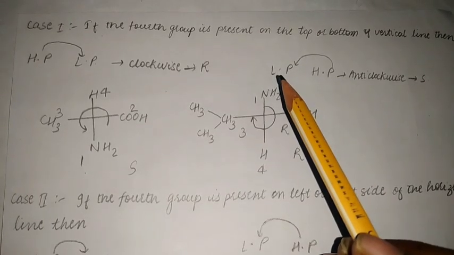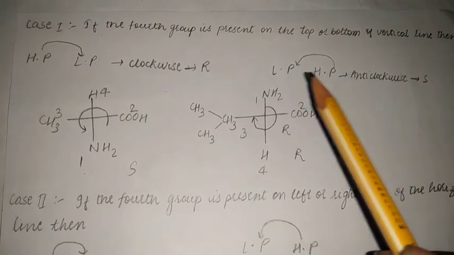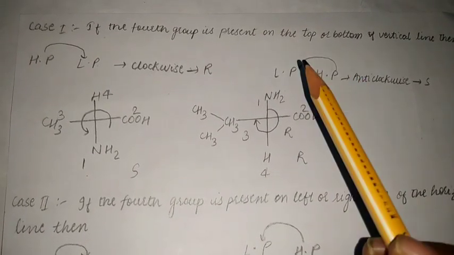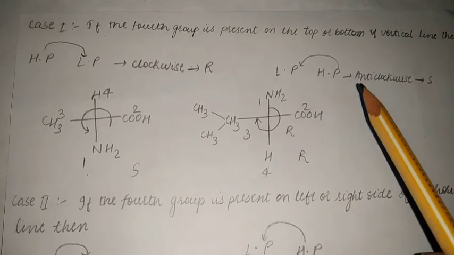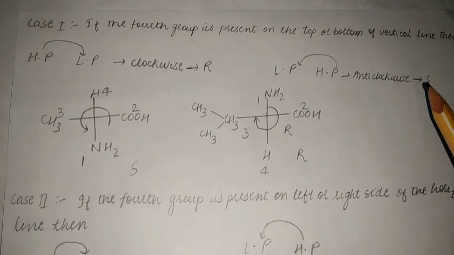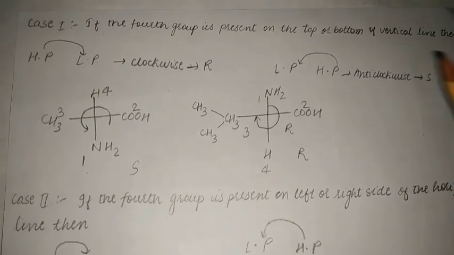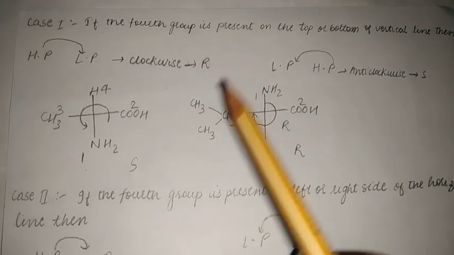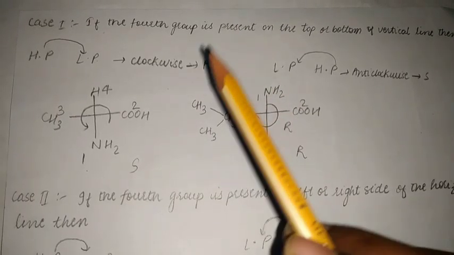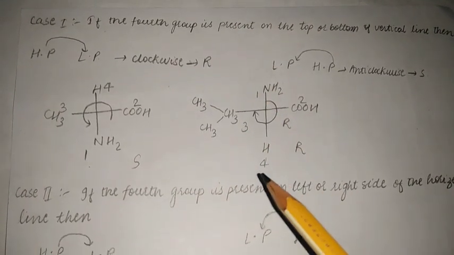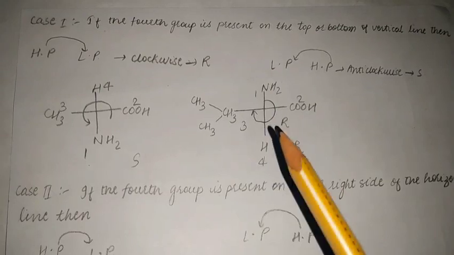And from high priority group to low priority group in anti-clockwise direction, it denotes S configuration or sinister, left-handed configuration. Both these letters have been derived from Latin origin.